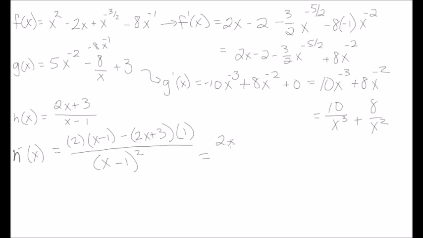I get 2x minus 2 minus 2x plus 3 over x minus 1 squared. My 2x's cancel out. Sorry, that should have been a negative 3, not a positive 3, because the negative sign distributed. I get that the numerator is negative 5 and the denominator is x minus 1 squared. In this case, it's possible the quotient rule was actually easier. It's sort of six of one and half a dozen of the other.